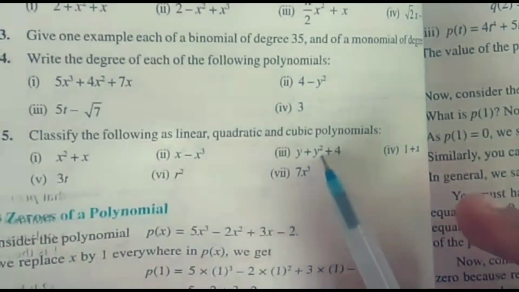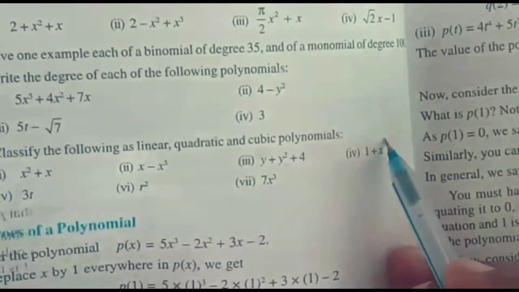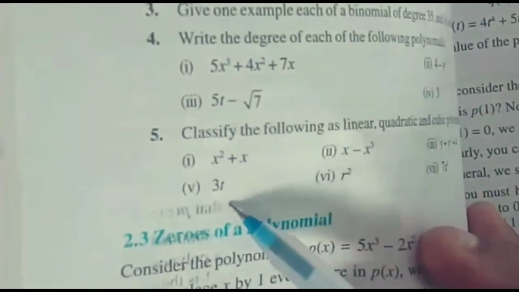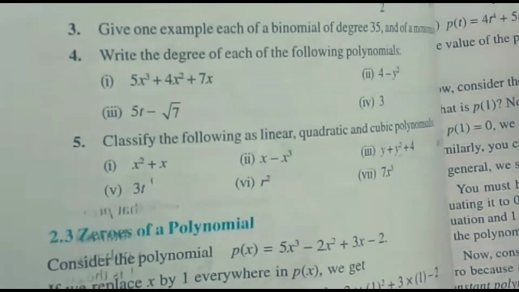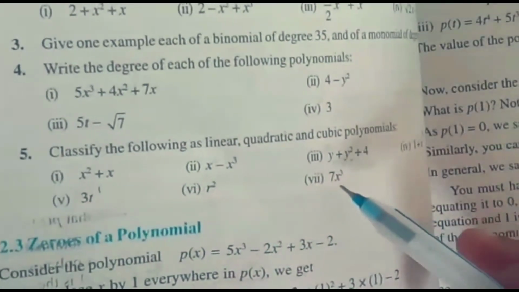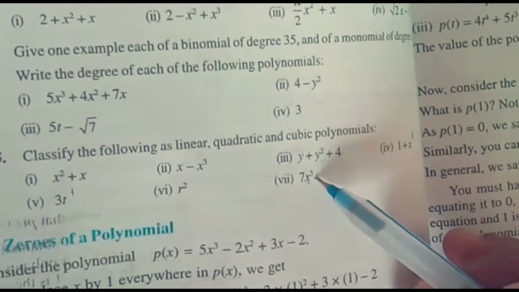This is again quadratic because the highest degree is 2. 1 plus x, the highest degree is x raised to 1, so that is linear. 3t, again the highest degree is 1, so it will be linear. R square contains the highest degree 2, so it is quadratic. And 7x cube, the highest degree is 3, so it is cubic.